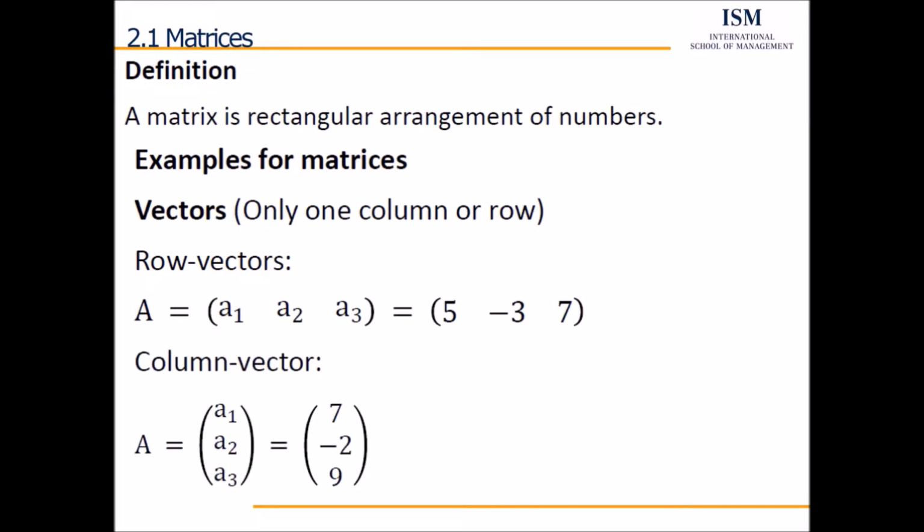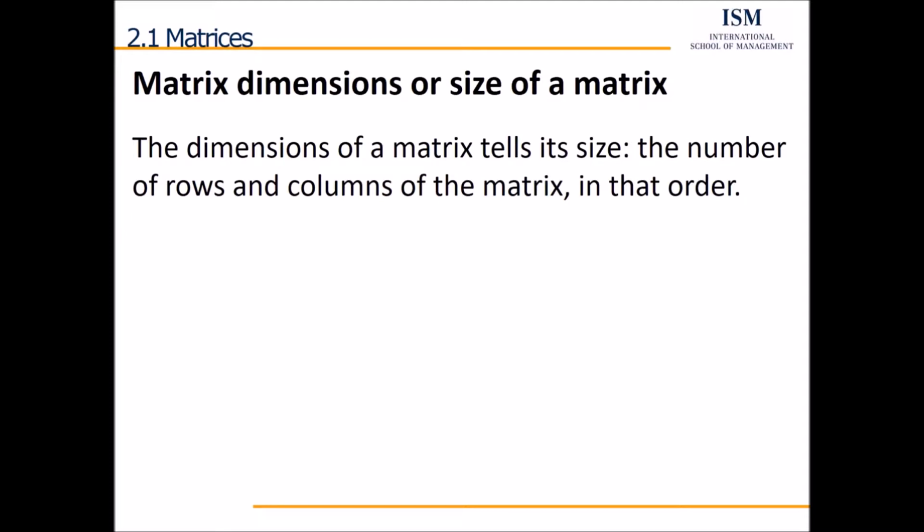It is usual to distinguish between a row vector with only one row, like the example here, the row vector A with 3 elements, 5, -3, and 7, in a horizontal line, and a column vector, with the next example here, the column vector A with 3 elements, 7, -2, and 9 in a vertical line.